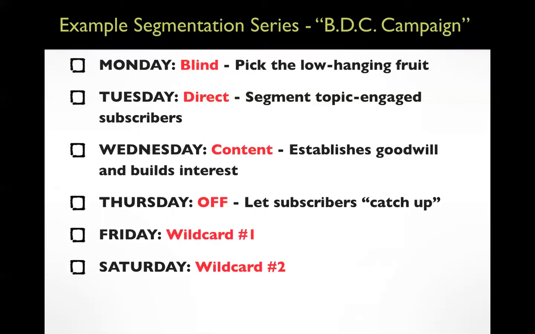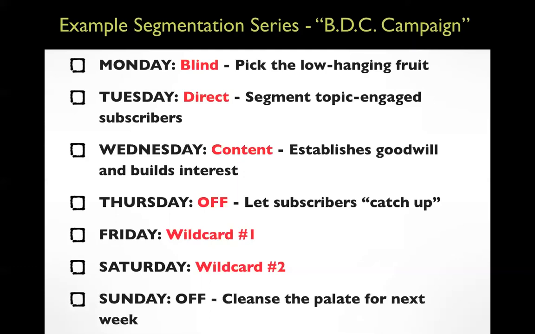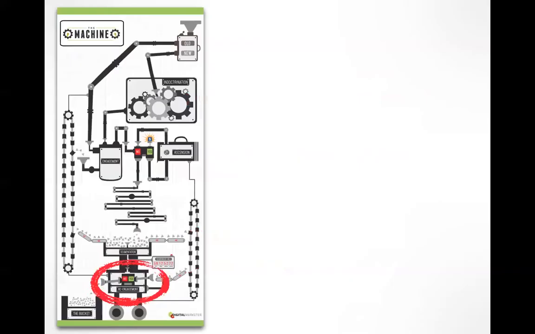So at Wildcard 1 and 2, I'm going to send 2 different offers there to try to get them back into the engagement or the ascension campaigns where they're making their purchases. So this gives me 2 options. That's 5 emails, and I put out 2 offers for purchases. And then Sunday, we take that off, cleanse the palette for the next week.